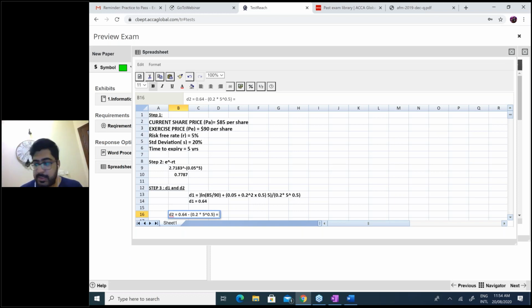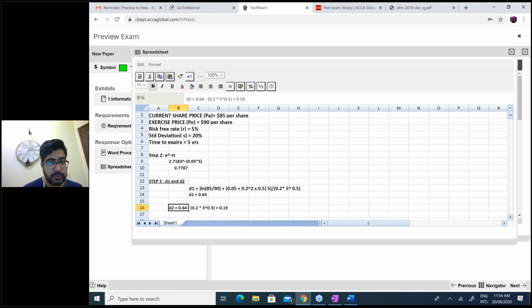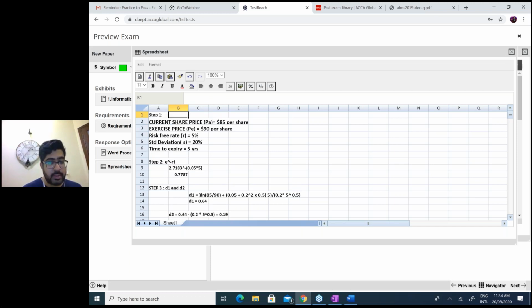Okay, this value is coming 0.19. Even if this is coming more than 2 decimal places, you need to restrict D1 and D2 to 2 decimal places. Remember this thing carefully. Okay, D1 and D2 must be restricted to 2 decimal places. So it's 0.64 and 0.19. Okay.